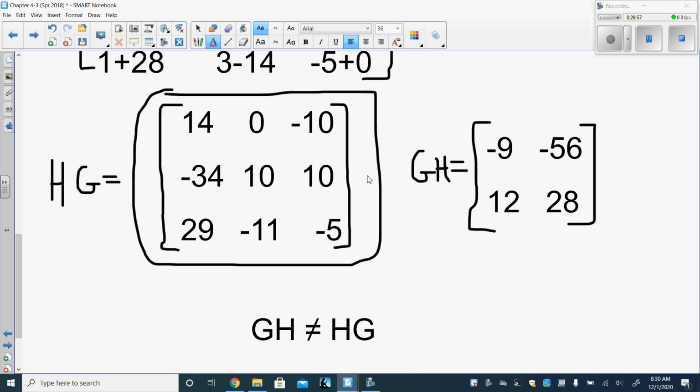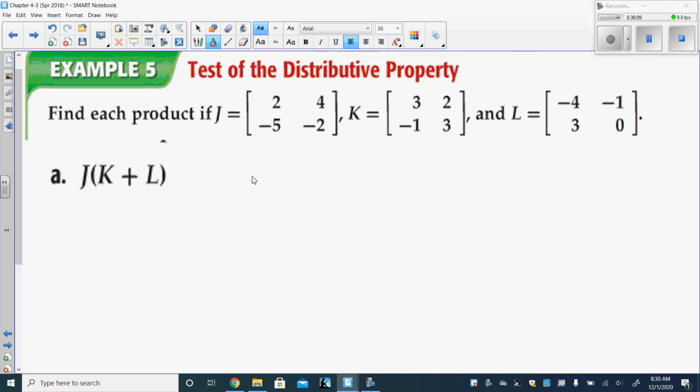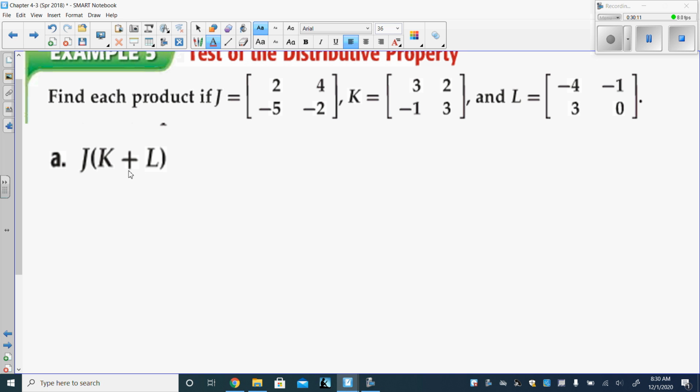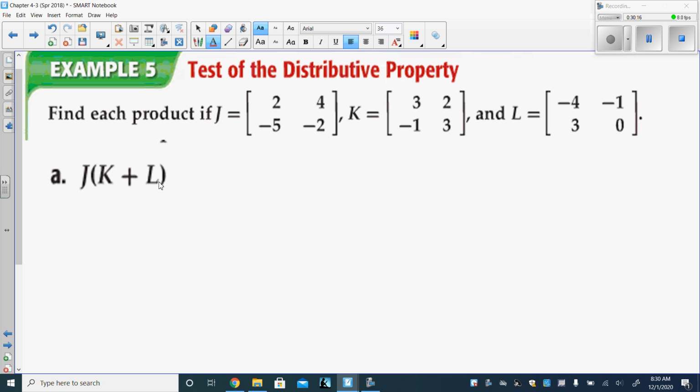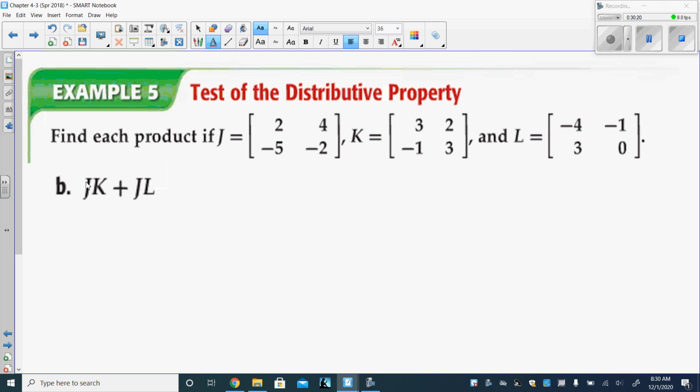And if you're wondering, yes, we could have plugged these into the calculator. The TI-84 graphing calculator will do these here. And that's it for this here. Now, we can do addition, subtraction. So I could do K plus L and then multiply it by J. And it will work. The distributive property does work for this here.